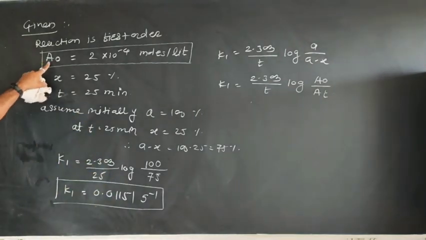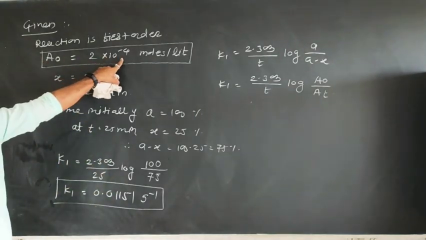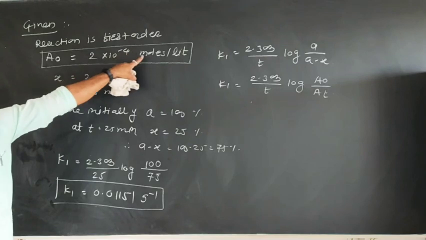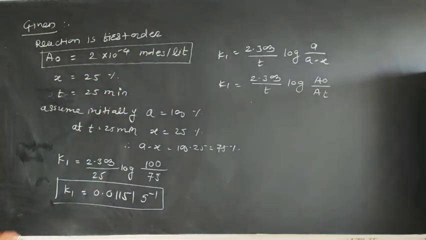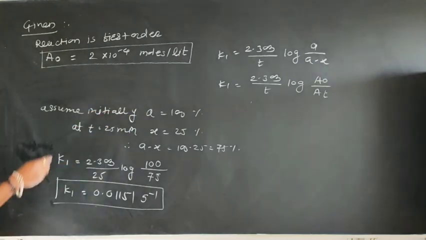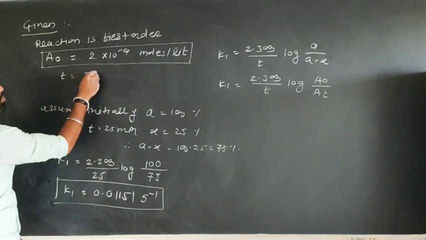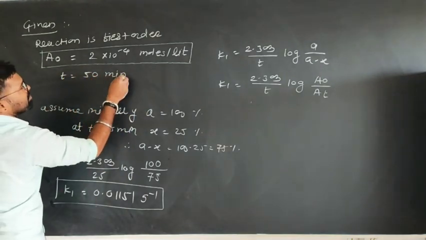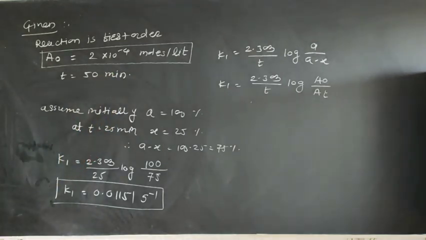Now the initial concentration, 2 into 10 raised to minus 4 moles per liter, is provided to you. What will be the concentration after t is equal to 50 minutes?